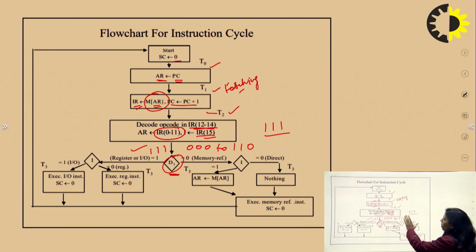If it is 000 to 110, then it will definitely be the memory reference. Once it is memory reference, then we need to see the last bit, that is the bit 15. If it is 0, that means the value is direct. It's direct addressing. We can just fetch the value and that value is used for the execution. That's the operand itself.